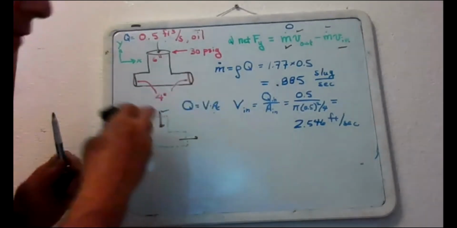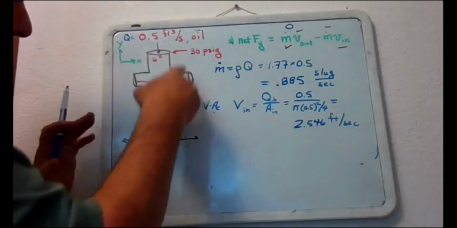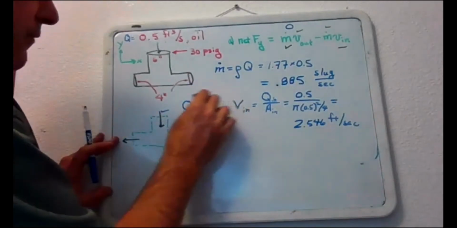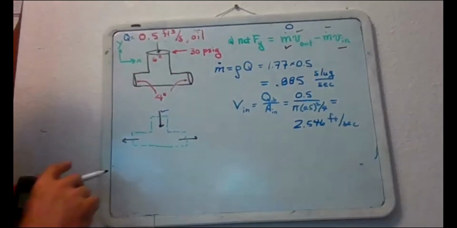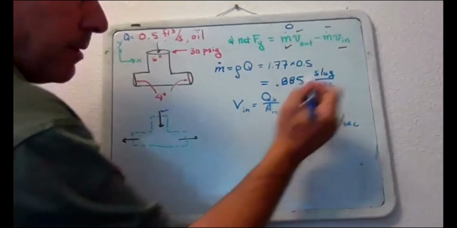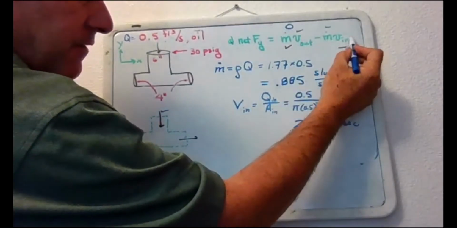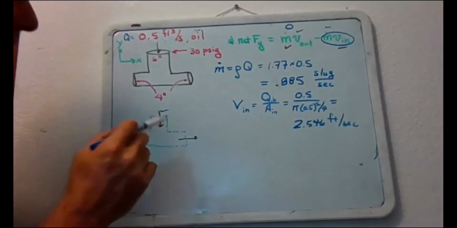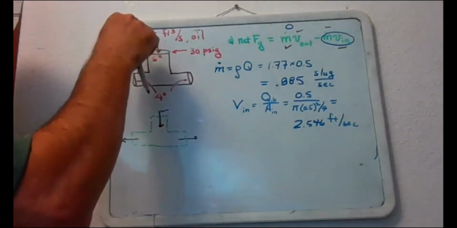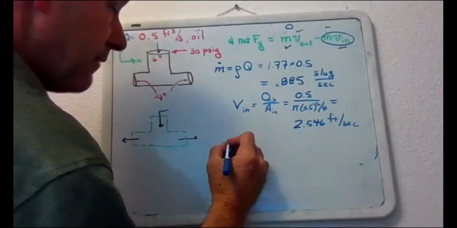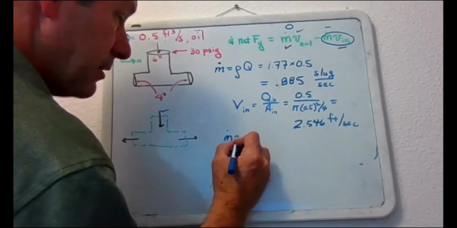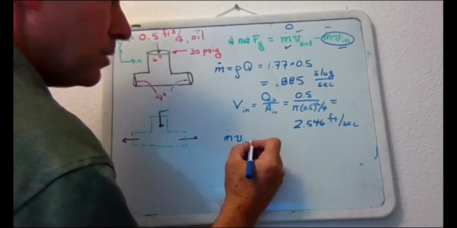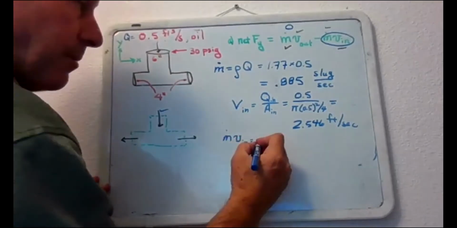We still don't have a force. We're trying to figure out the net vertical force on the oil in here. So this is just a speed, but remember this m dot v is a vector. So we might want to think, what direction is m dot v? And it is down. So m dot v in, breaking it down a little bit, would be a negative number because it's down.